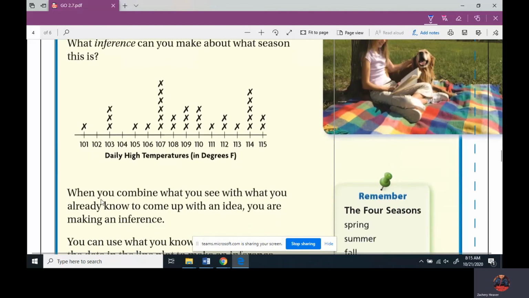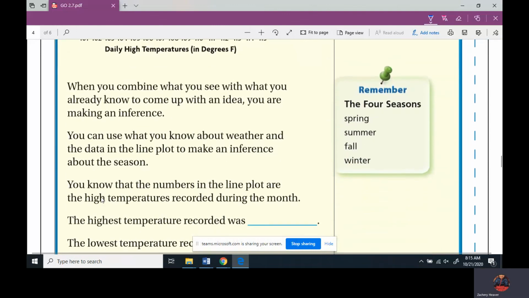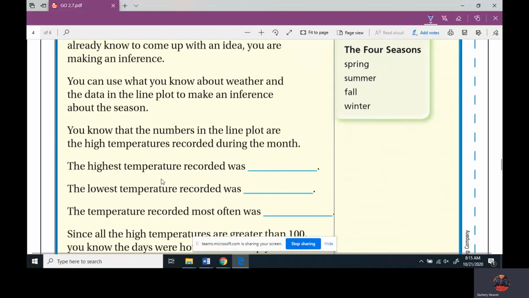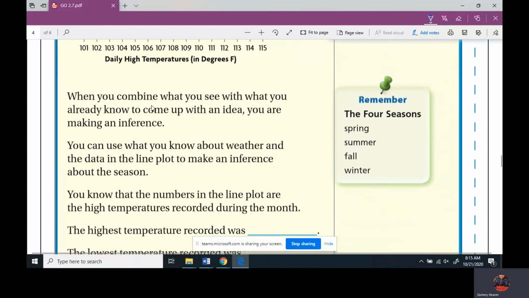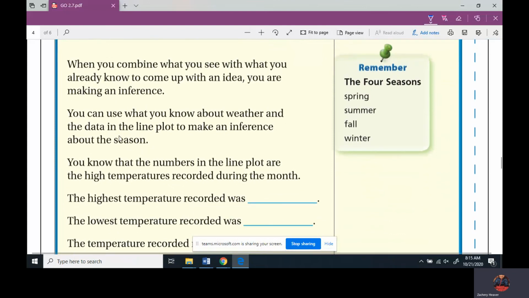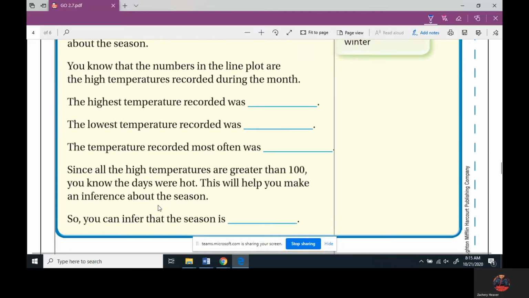So what season do we think that is? We know when you combine what you see, you already need to come up with an idea. You are making an inference. You can use what you know about weather and the data in the line plot to make an inference about the season. You know that the numbers in the line plot are the high temperatures recorded during the month. So we kind of already know.